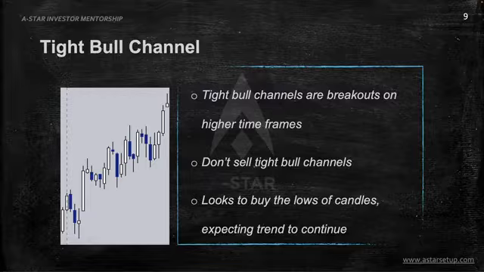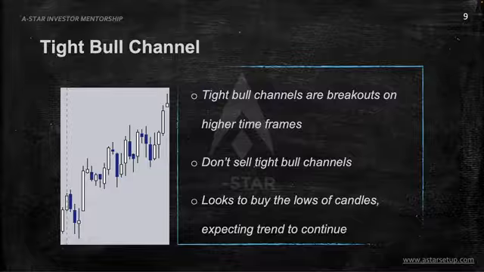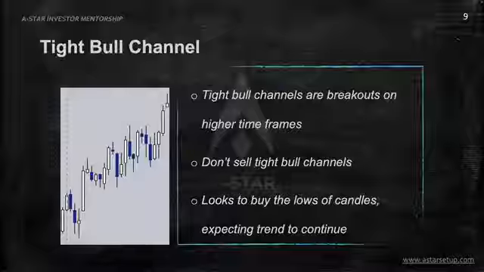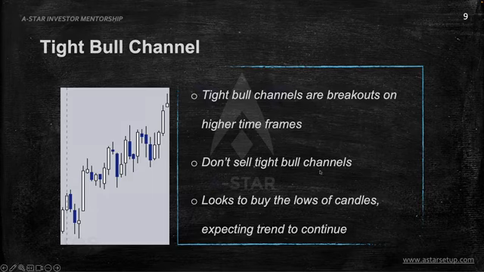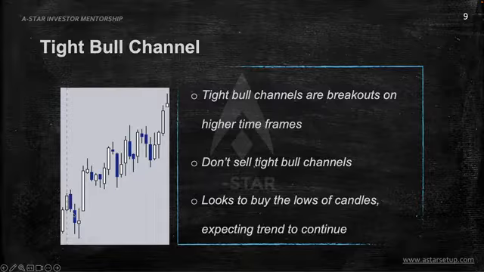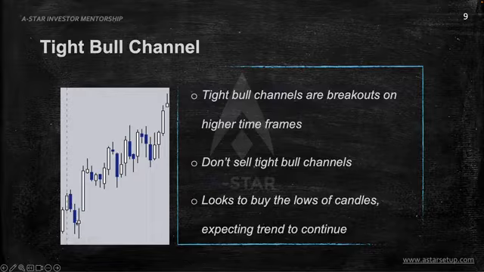And during tight bull channels, you should look to buy the lows of candles with limit orders when you see these retracements. In this diagram, you see how price rallies up, and then you see this first down close candle, and then the succeeding one closing lower.